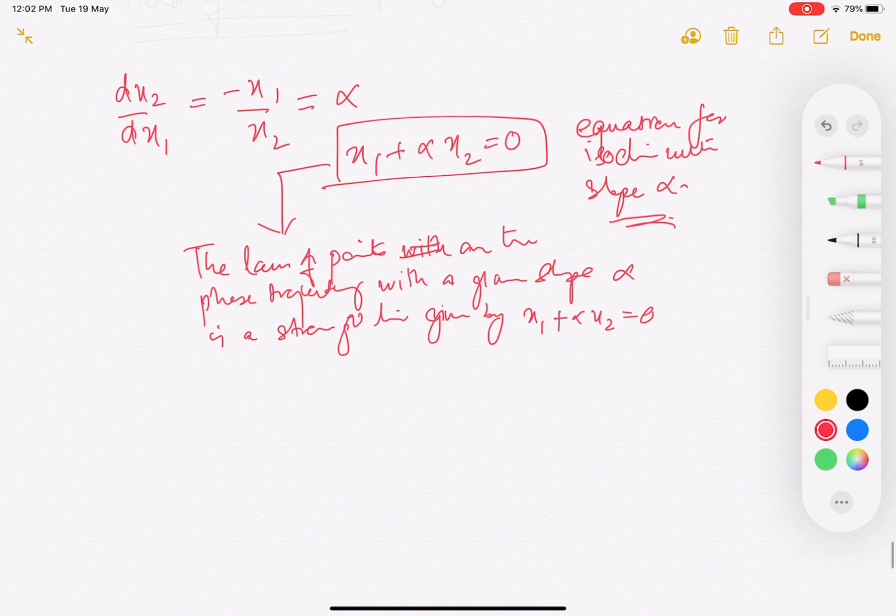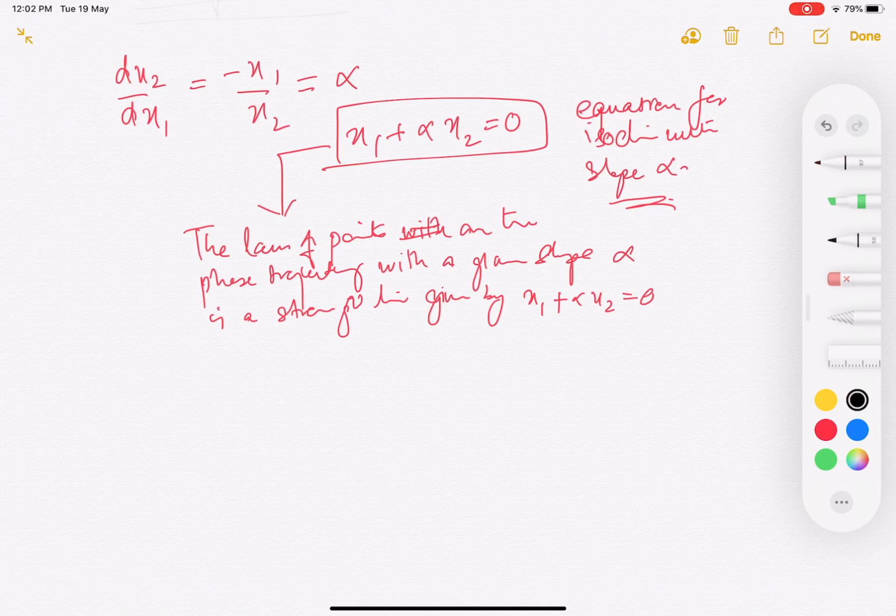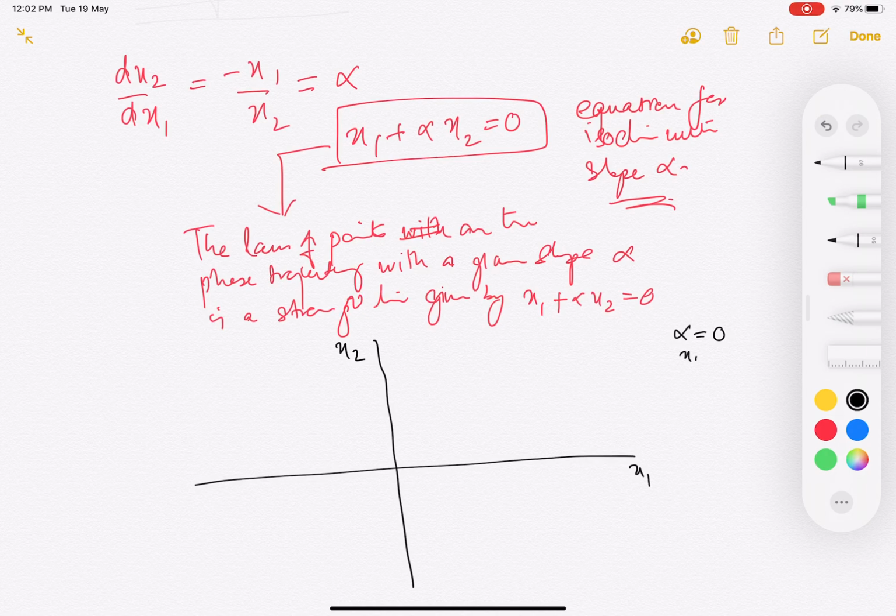Let me draw this now. Let us take the phase plane and say alpha is equal to 0. So all the points on the phase trajectory with a 0 slope. Now this is x2, this is x1, and alpha is equal to 0 means x1 is equal to 0.